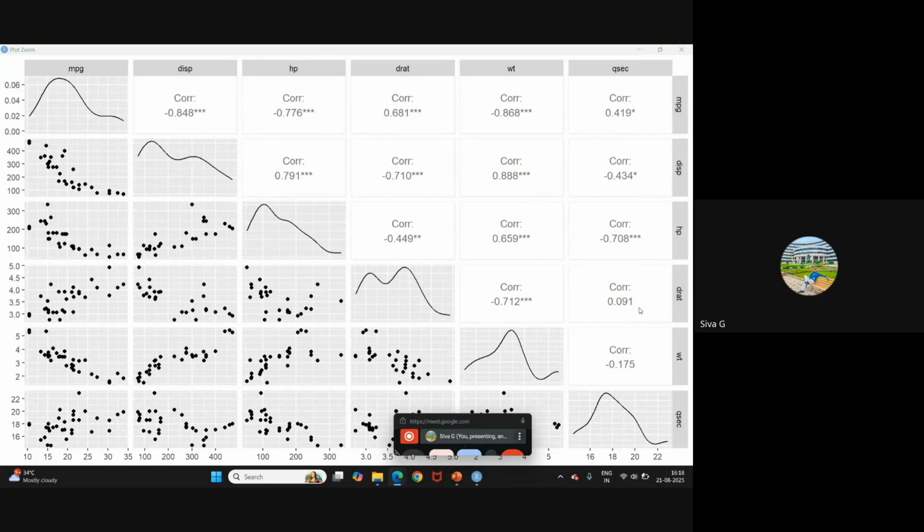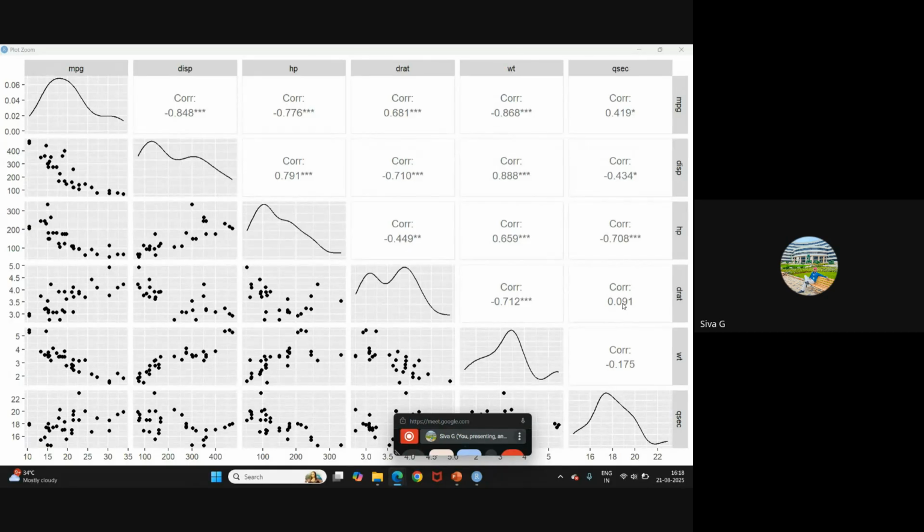Here there are no stars. If no stars appear, it is insignificant. So the relationship between weight and QSEC has no significance, and between DRAT and QSEC there is no considerable correlation. They are insignificant. Stars represent significance, and here R shows them empty, without stars.